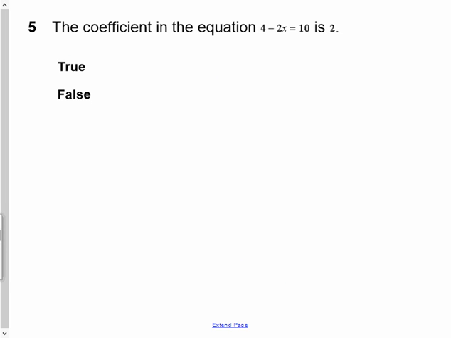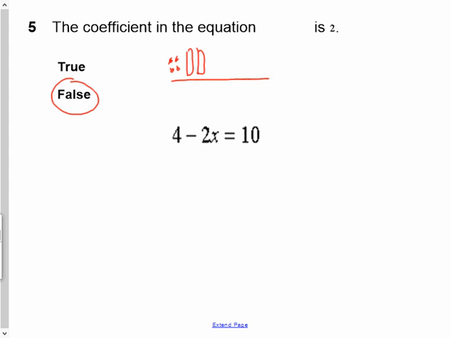Question 5, the coefficient in the equation 4 minus 2x equals 10 is 2. The answer for this is false, and here's why. If I bring down my equation, and if I was to use opposite operation, well, let's just draw it first. There's a positive 4, there's -2x, and there's 10.